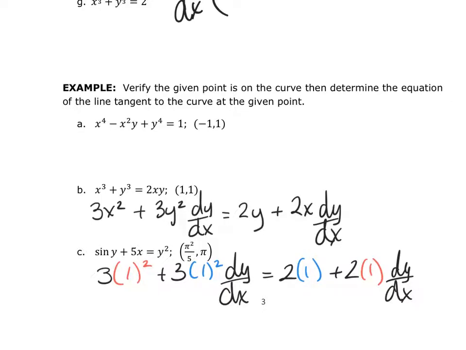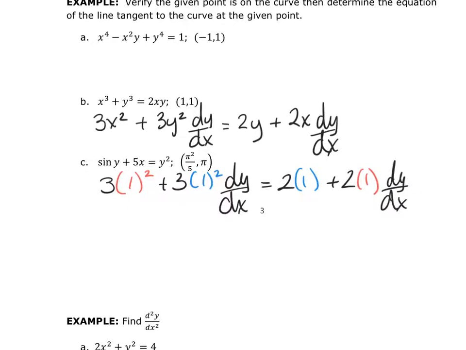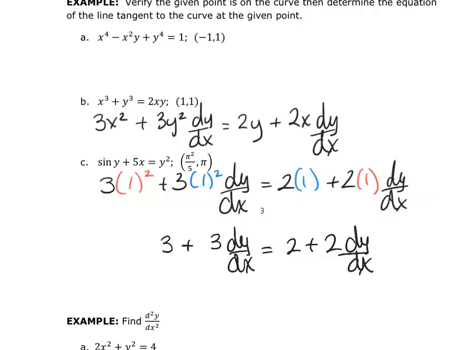So what I really have now, which makes it so much easier to see, is 3 plus 3 dy/dx is equal to 2 plus 2 dy/dx. See how much easier that is to look at?